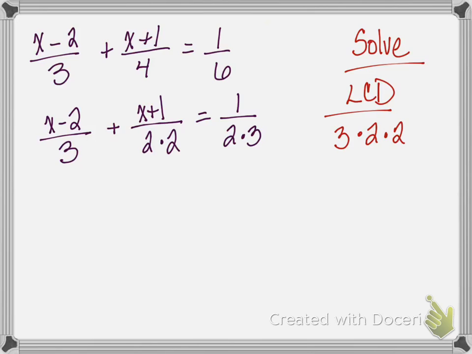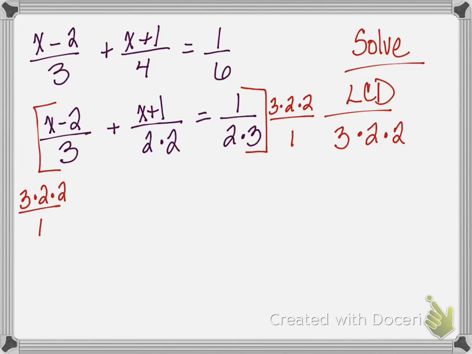What I'm going to do now is multiply everything times this LCD that I found. So I have 3 times 2 over 1. I'm multiplying everything times that. So I have 3 times 2 over 1, and I am multiplying that times x minus 2 over 3.